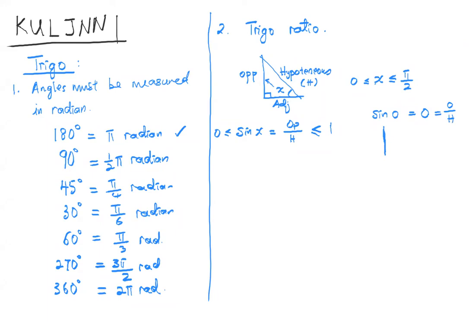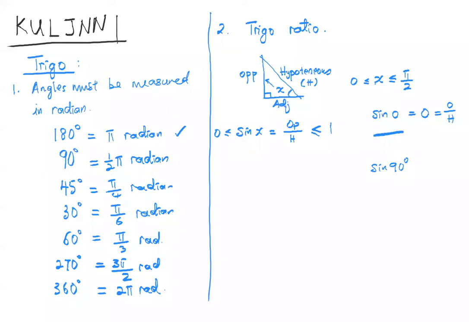Sorry, sin 0 is the horizontal. Sorry, I mean the angle, you start from here. The opposite is 0. So sin 0 is like that, a horizontal straight line.